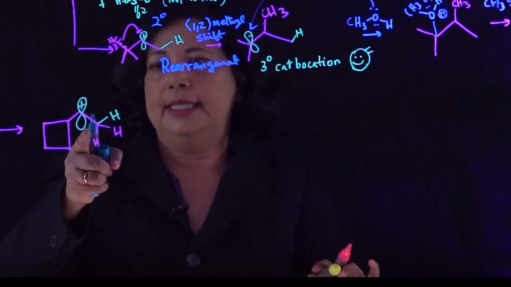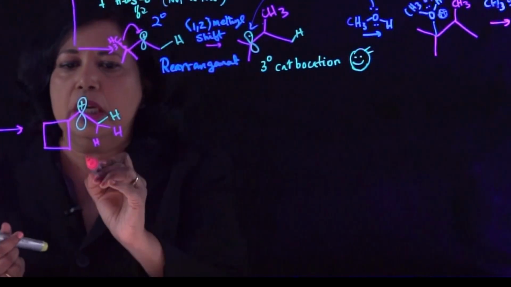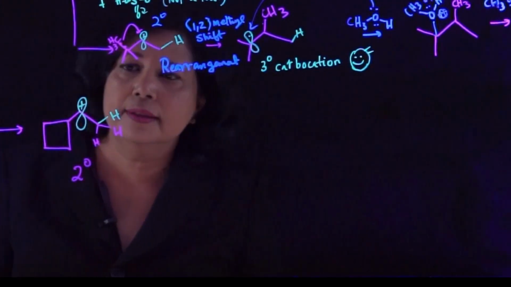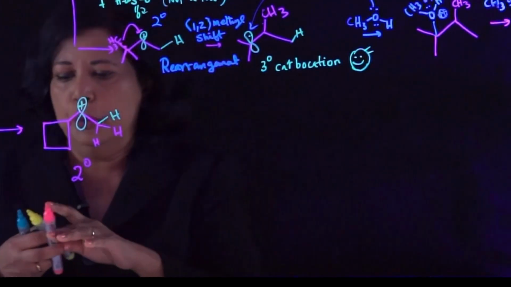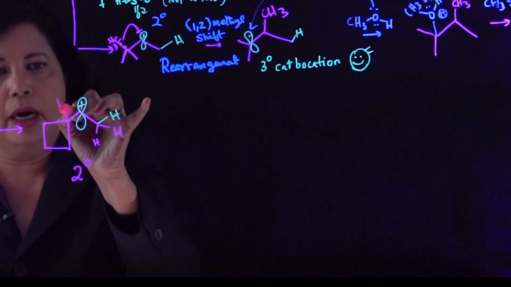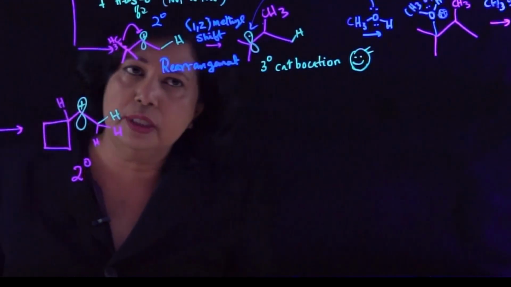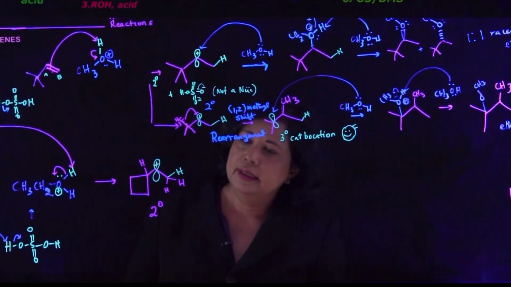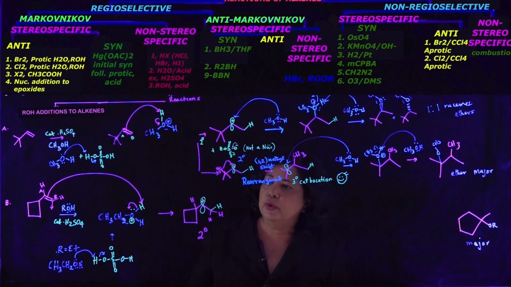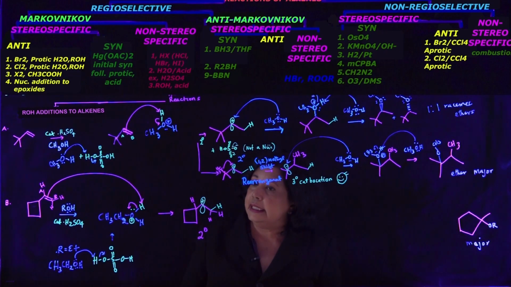Well, you could attack that, but it's secondary, not too hot. And so you could move this hydrogen over and do a hydride shift and get a tertiary. I mean, that's pretty good, but that's still going to give you a 4-membered ring. Is that going to be okay?